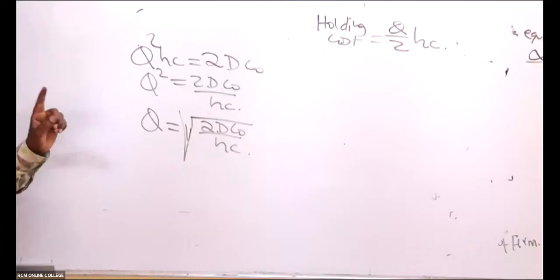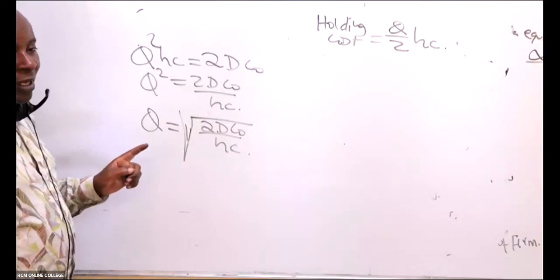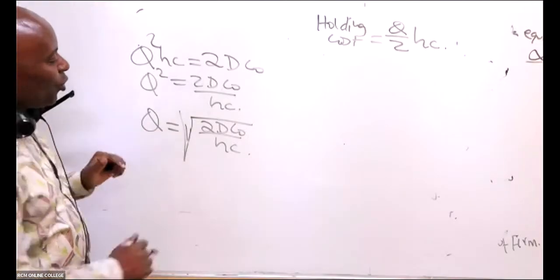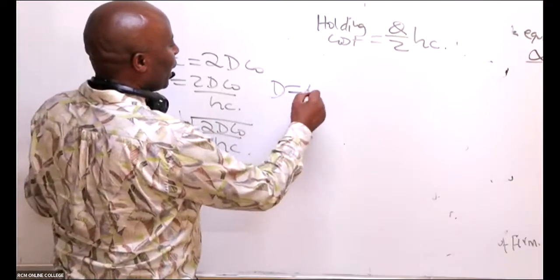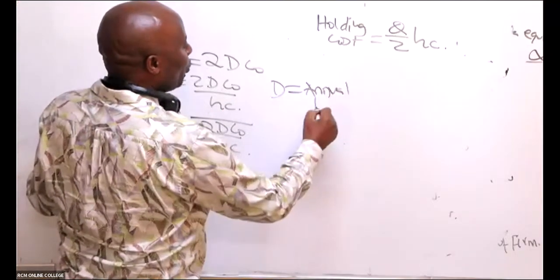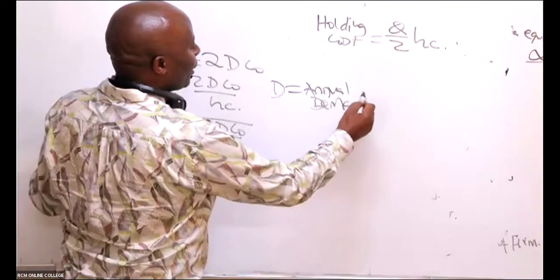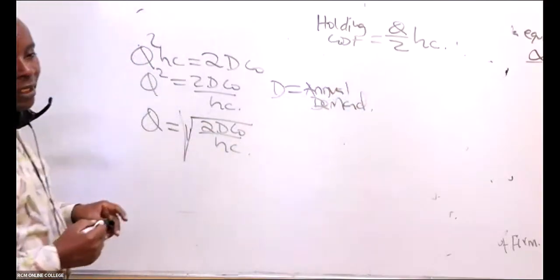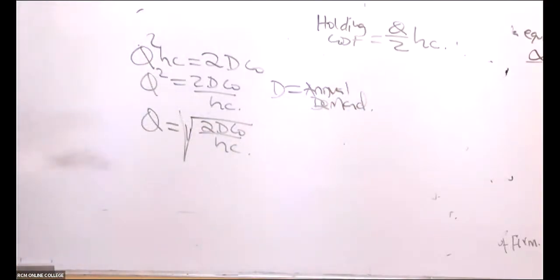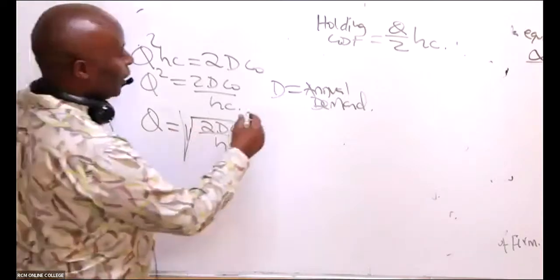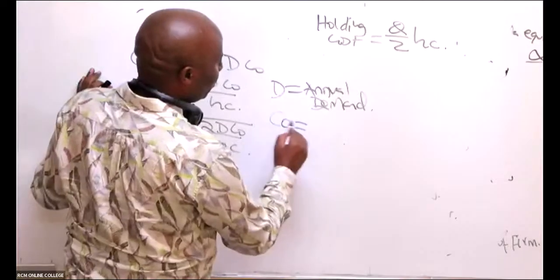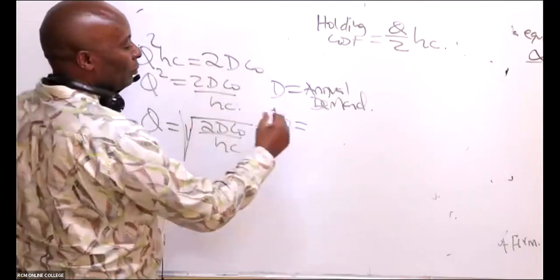So this D, what does it stand for? Annual demand. Thank you. So D stands for annual demand. How about this CO? Cost per order.